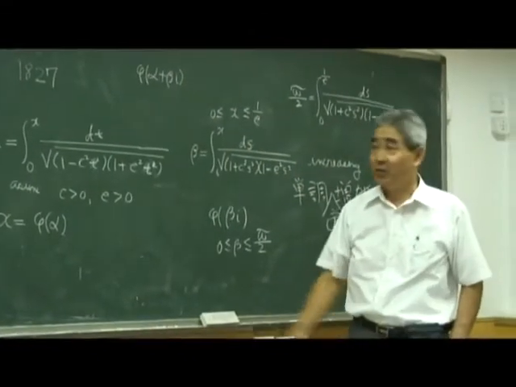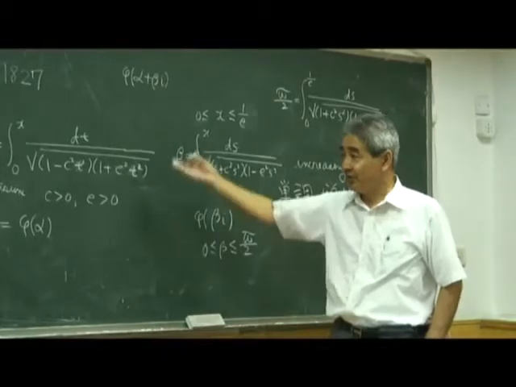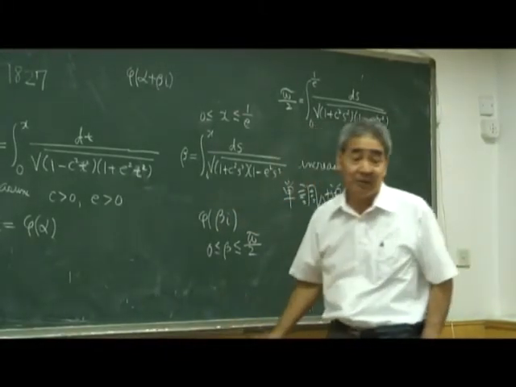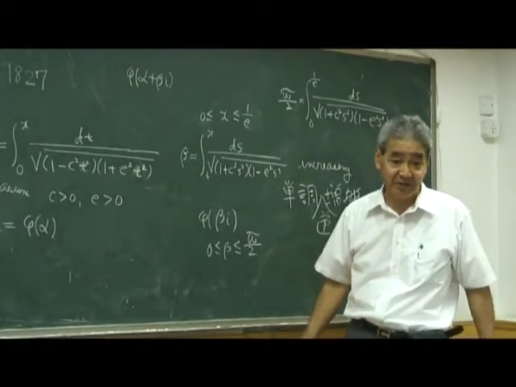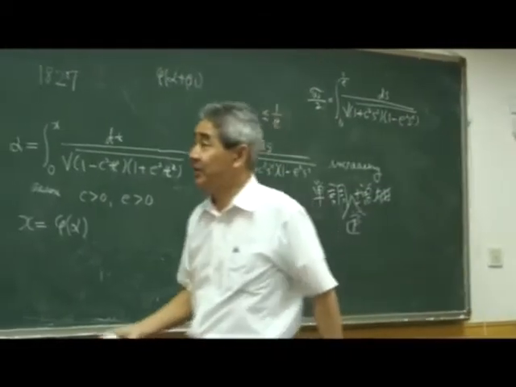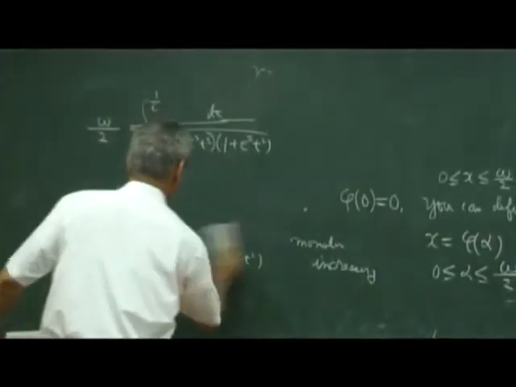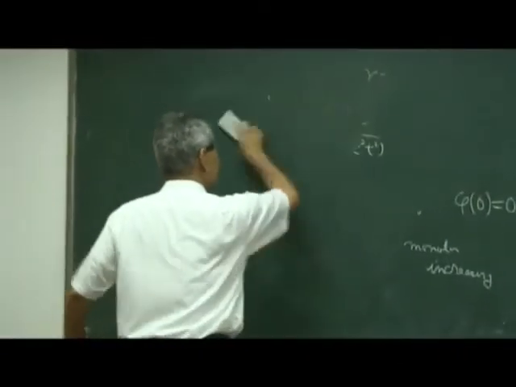Okay. So far, he just used this infinite integral. But now, because Euler already proved the so-called addition theorem, he can use this theorem as follows.